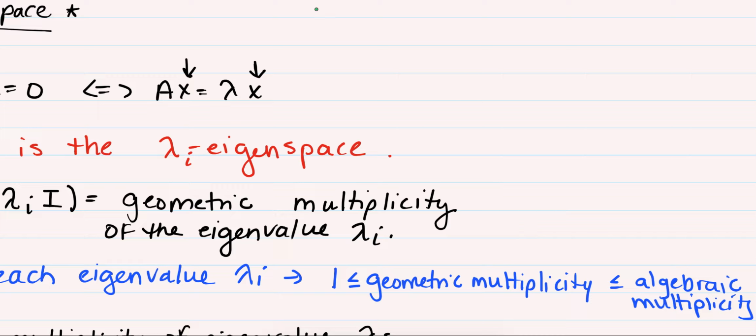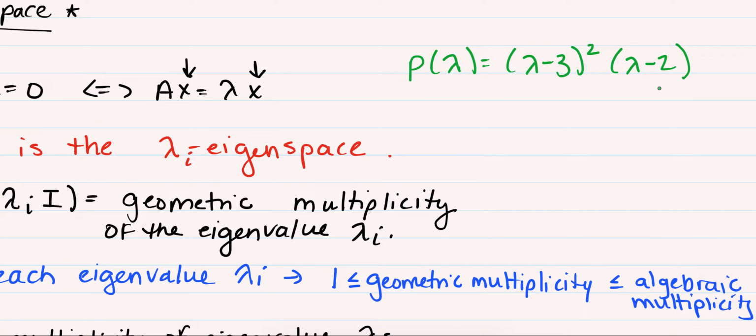So if we had that the polynomial looked something like this, then for the eigenspace that goes with lambda equal to 3, the dimension of the eigenspace is going to be 1 or 2.